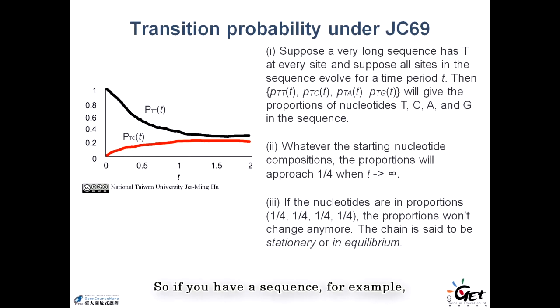If you have sequences, for example an ancestral sequence that is poly-T, then you can calculate the probability of substitution.